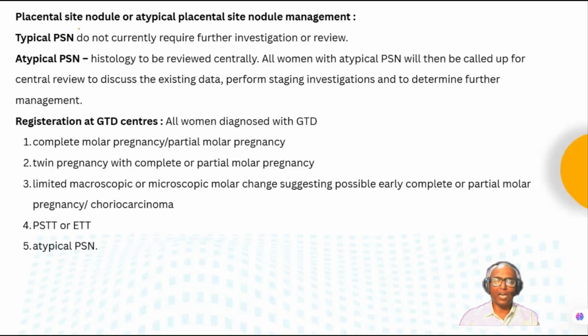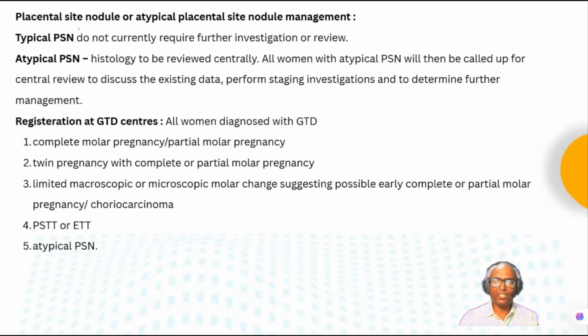Then which patients are to be referred to the GTD center? All women diagnosed with gestational trophoblastic disease, such as complete molar pregnancy or partial molar pregnancy, twin pregnancy with complete or partial molar pregnancy, limited macroscopic or microscopic molar change suggesting possible early complete or partial molar pregnancy or choriocarcinoma, then PSTT or ETT, and atypical PSN.